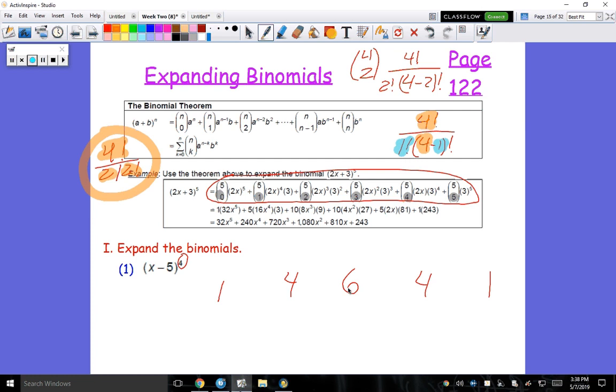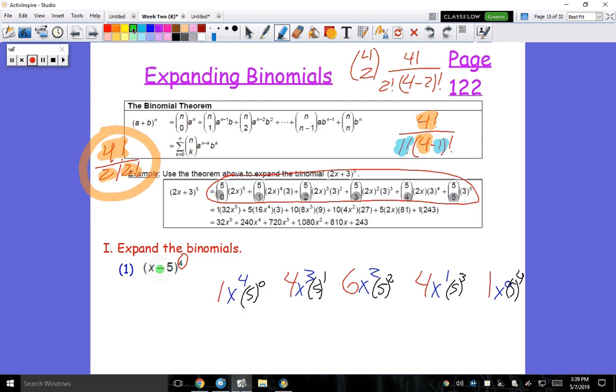Okay? Here we go. The first term is x, so we'll say x to the 4th, x to the 3rd, x to the 2nd, x to the 1st, and x to the 0, or you can just put 1 there. You don't have to write x to the 0. Here we go. 5 would be 5 to the 4th, 5 to the 3rd, 5 squared, 5, notice my parentheses use, and then 5 to the 0.